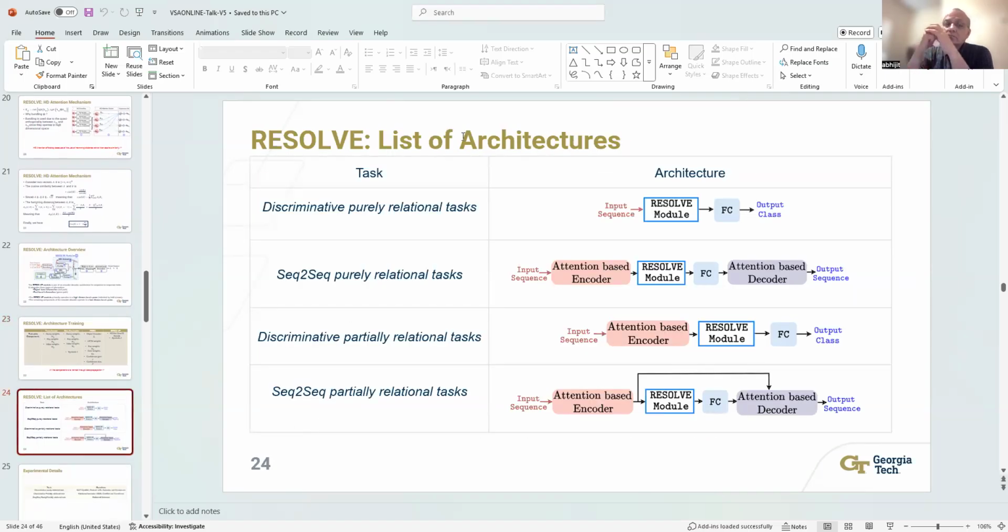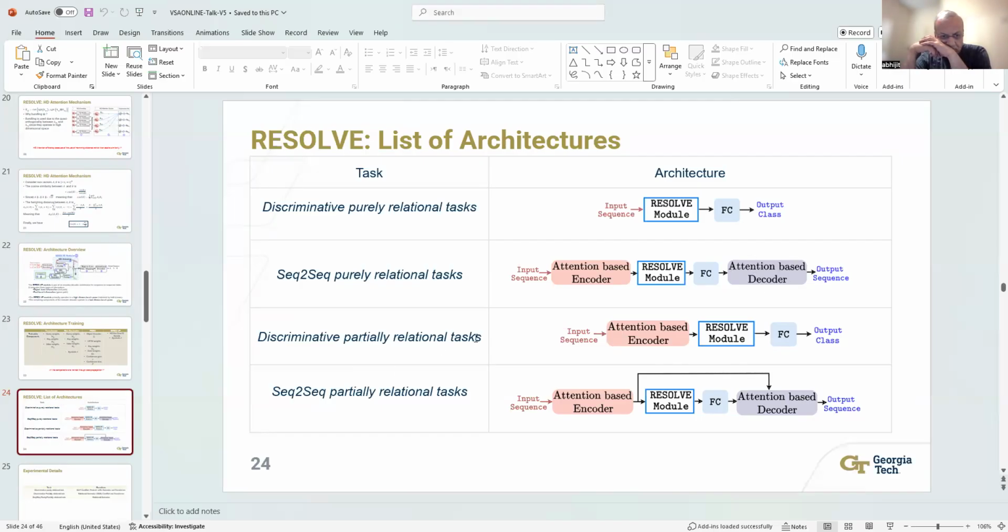Here we list the different types of architecture used for different tasks. For the discriminative purely relational task, we have only the ReSolve module followed by a fully connected layer. For the sequence-to-sequence purely relational task, we have an attention-based encoder followed by the ReSolve module, then a fully connected layer to map back to low-dimensional space, and then an attention-based decoder.